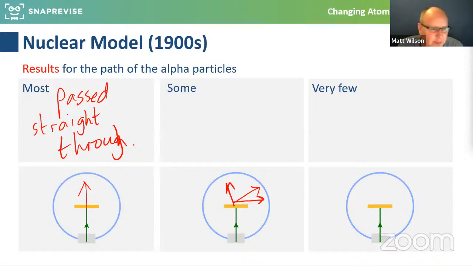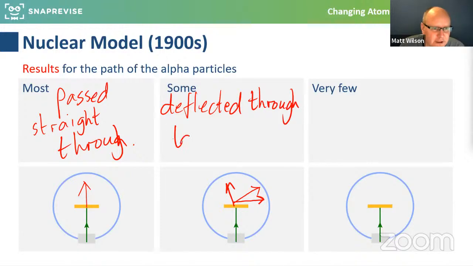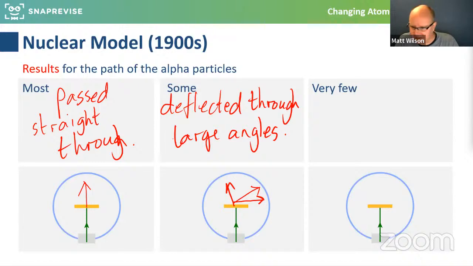So some of these alpha particles were deflected through large angles. But remember, most of them weren't. Most of them just passed straight through. It was only a very small number that got deflected through large angles.